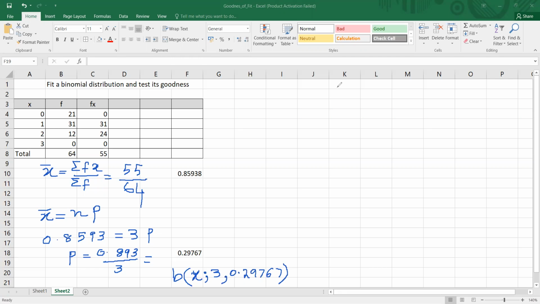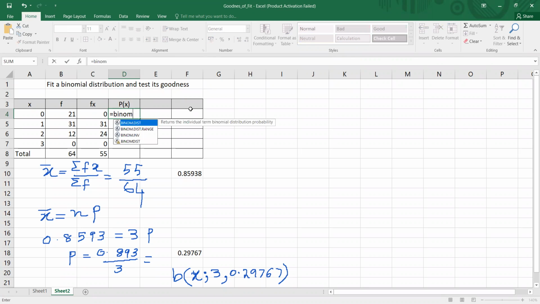So in Excel, I am going to compute the next column, which is the probability column, the probability by binomial distribution. We have to use the function binom dist, which returns the individual term binomial distribution probabilities.